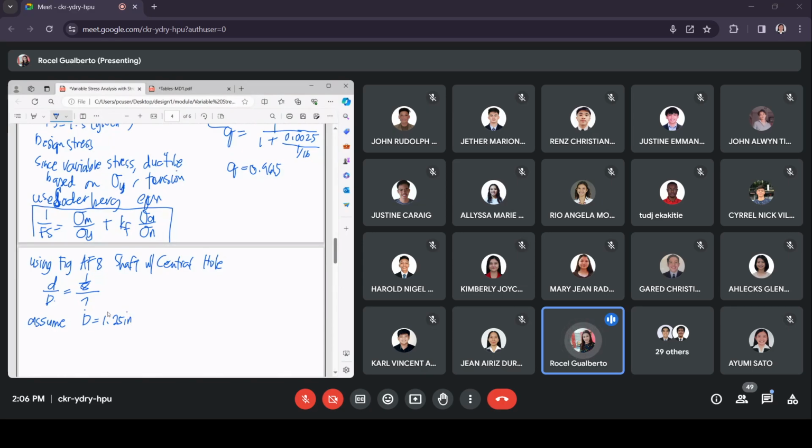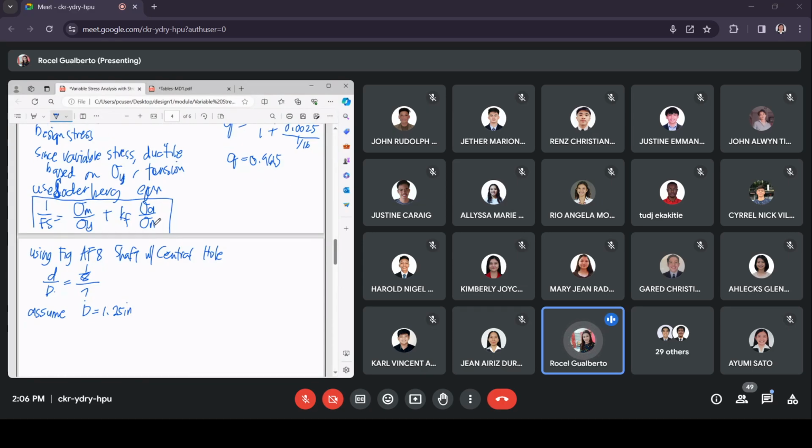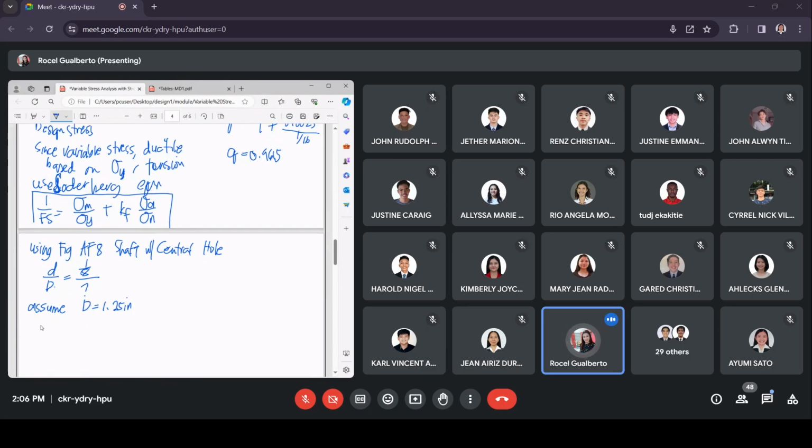Now, question is, bakit po ma'am you assume diameter is 1.25 inches? Why is it not that you simply make use of 1 inch? Reason is d over D, your 1/8 there would be equivalent to 0.125. This is 0.125 over my assumption, 1.25 inches, and this will give me exactly 0.1.